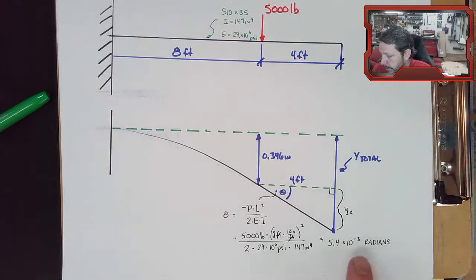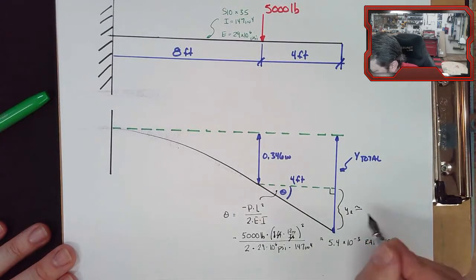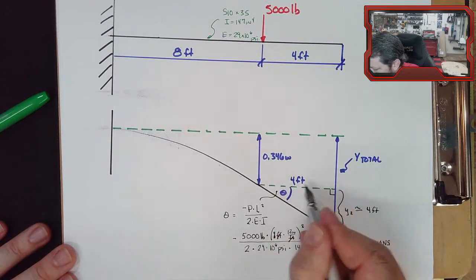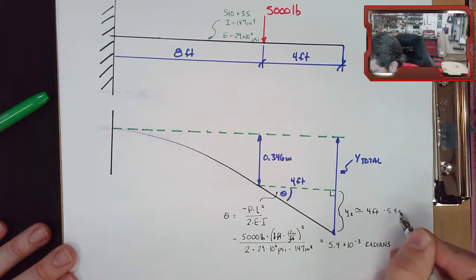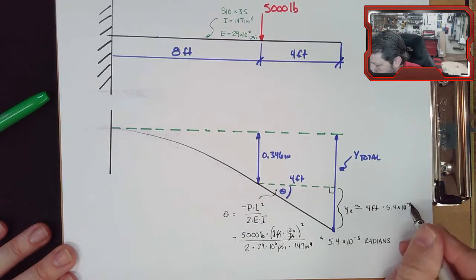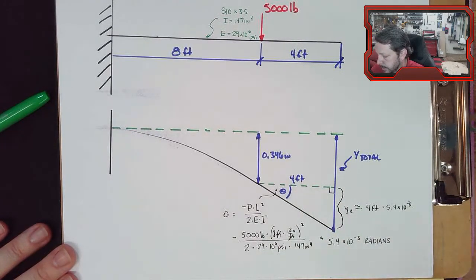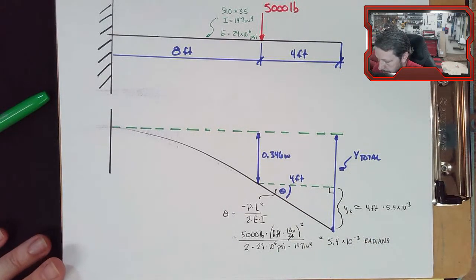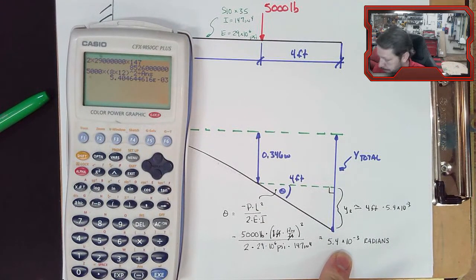Since we are talking about very small angles, you can simplify it a little bit and just say y2 is pretty much equal to this L2 distance, the 4 feet, times theta, 5.4 times 10 to the negative third. So you can just multiply L2 times theta, and that's pretty much the same thing as doing the tangent and figuring out this side, as long as this is a small measure of radians, which it is.